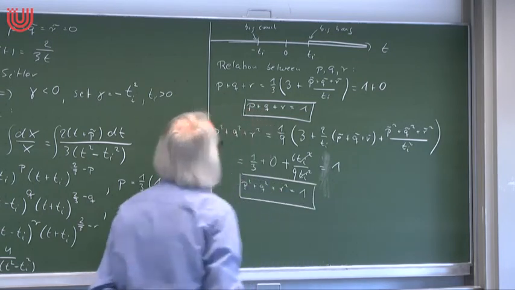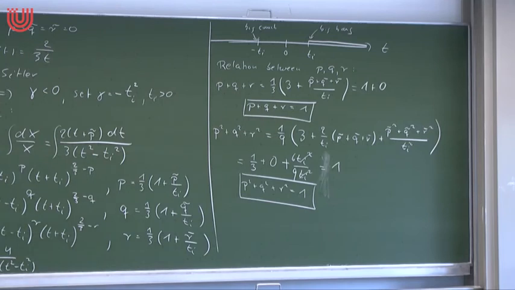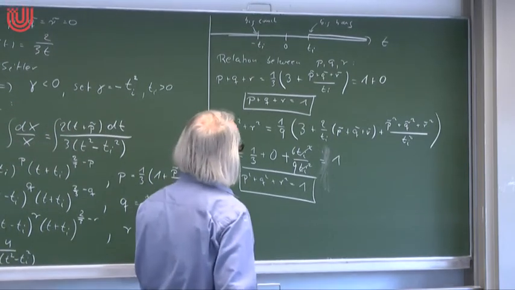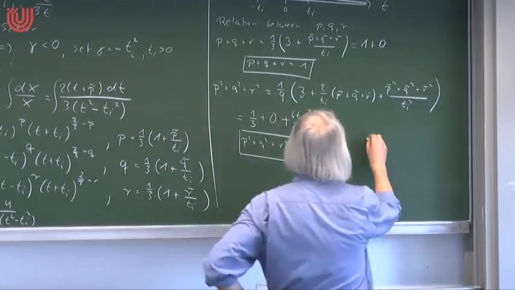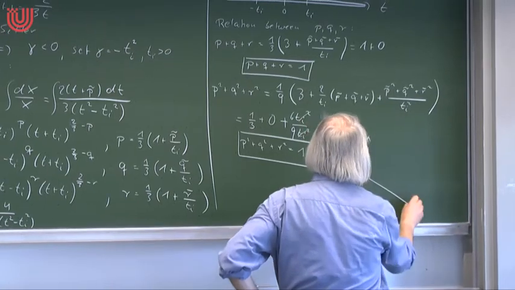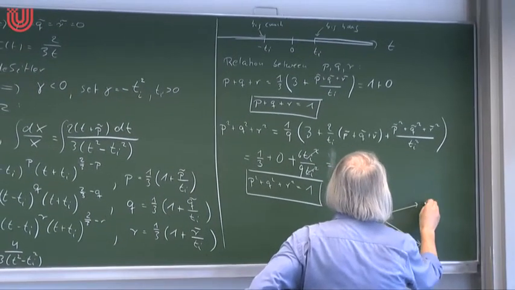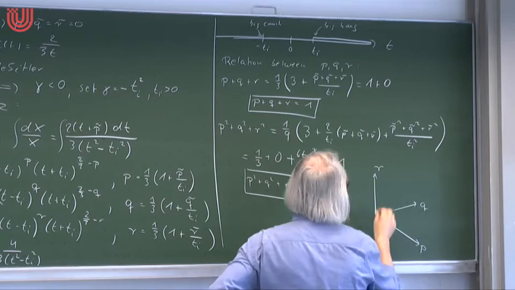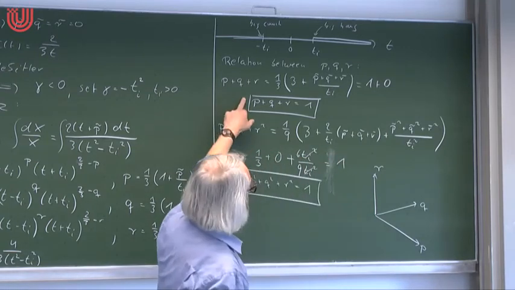So what we discussed last term for the Kasner coefficients is also true for these coefficients. They satisfy exactly the same relations. And to remember what the geometrical interpretation was, if we draw this in a PQR diagram, then this is a plane.